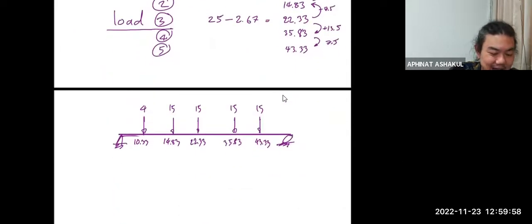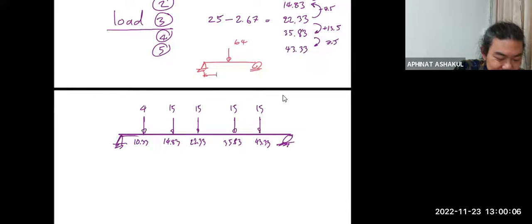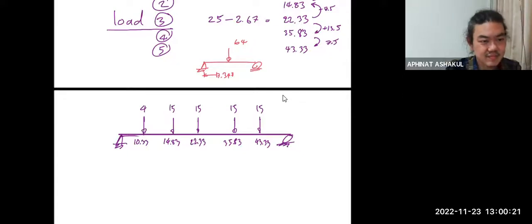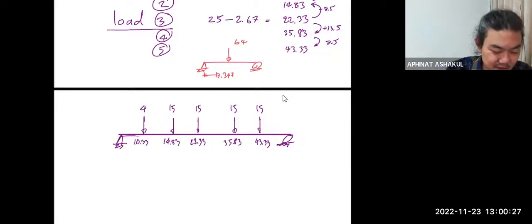So when we calculate reaction, we can just come down to this, 64 and 7.30. Picture is pretty bad.